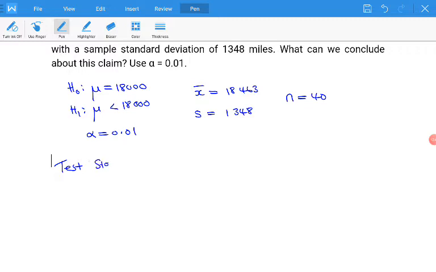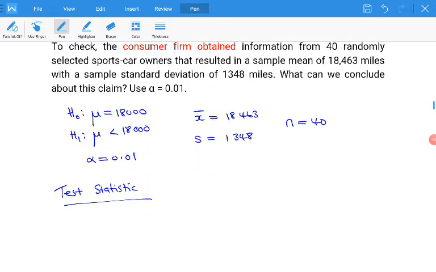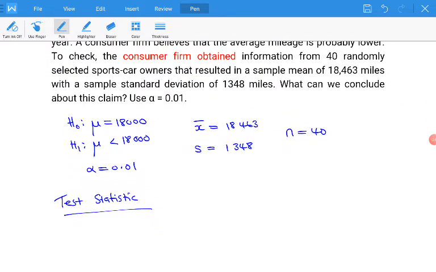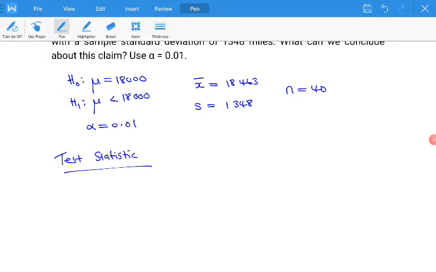Test statistic. Here, this one is a Z distribution because our n is greater than 30. So Z calc is equals to x bar minus mu, where mu is the hypothesized mean, over S over root n.